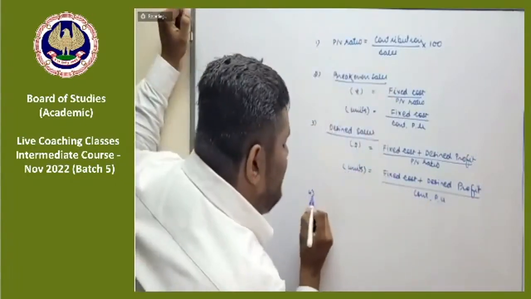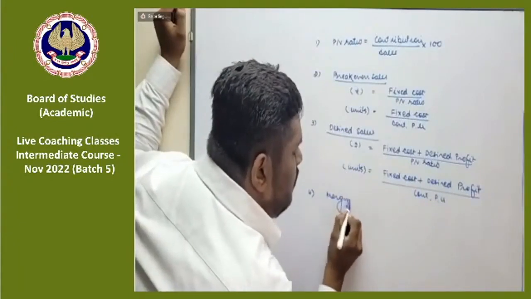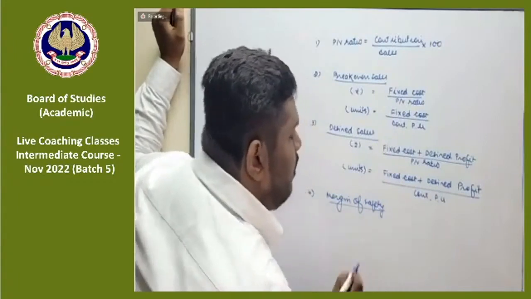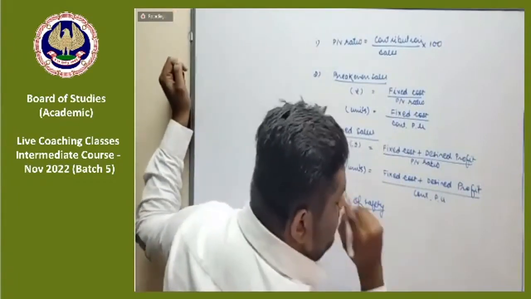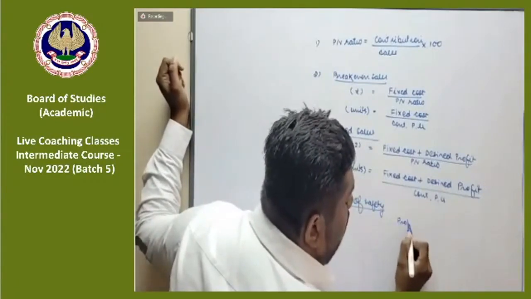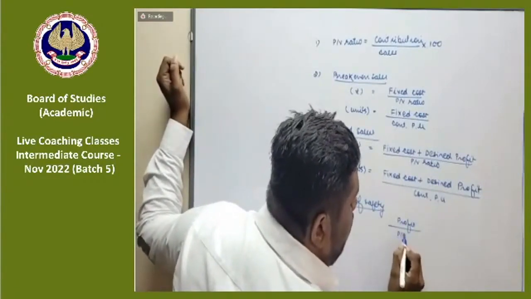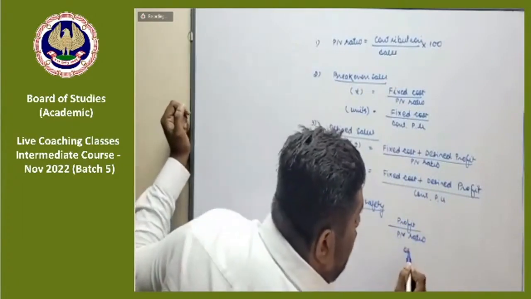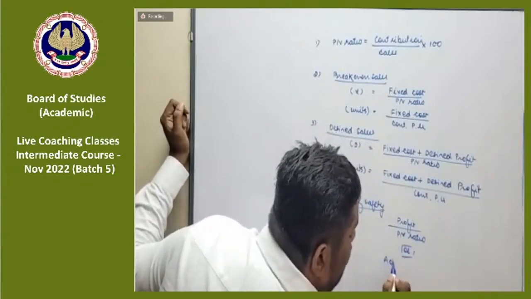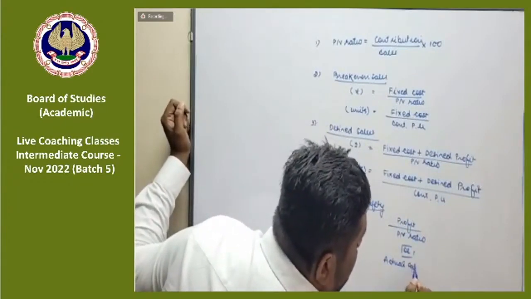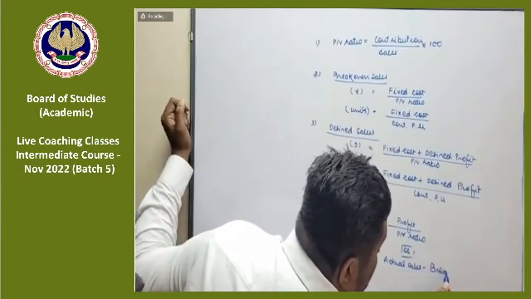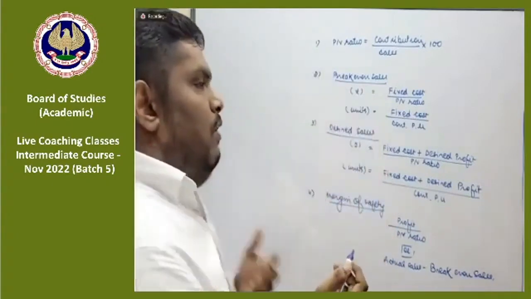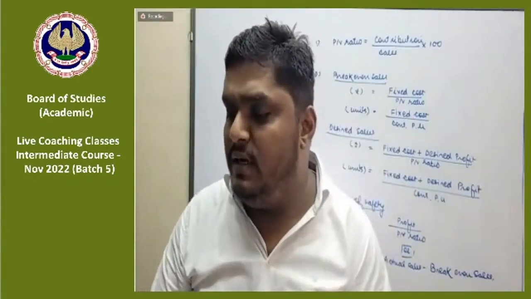Apart from this, we discussed margin of safety also. That is profit divided by PV ratio. So these are the concepts I have discussed.